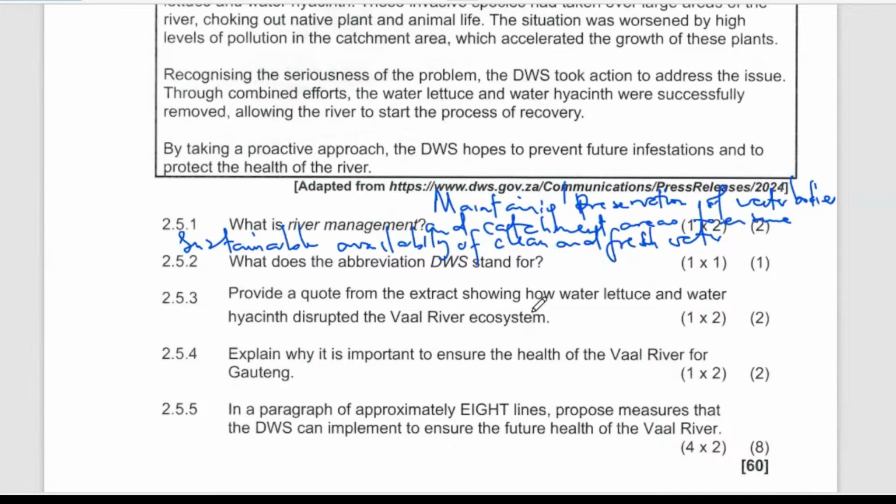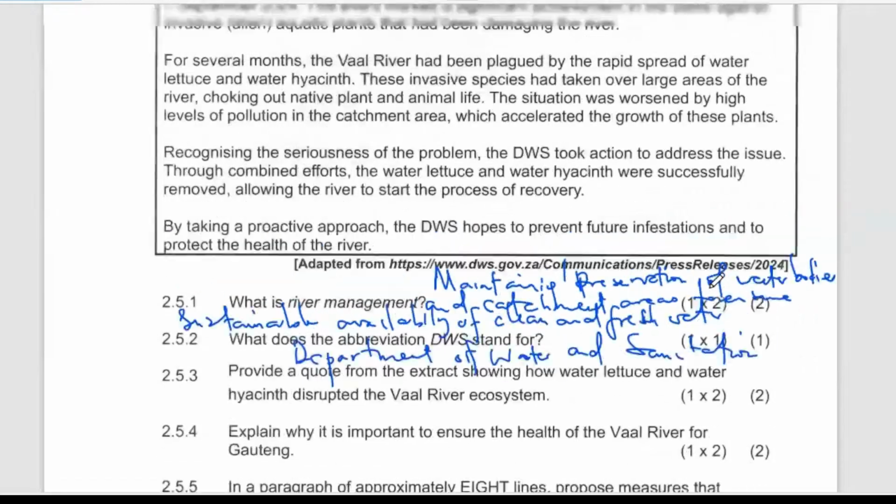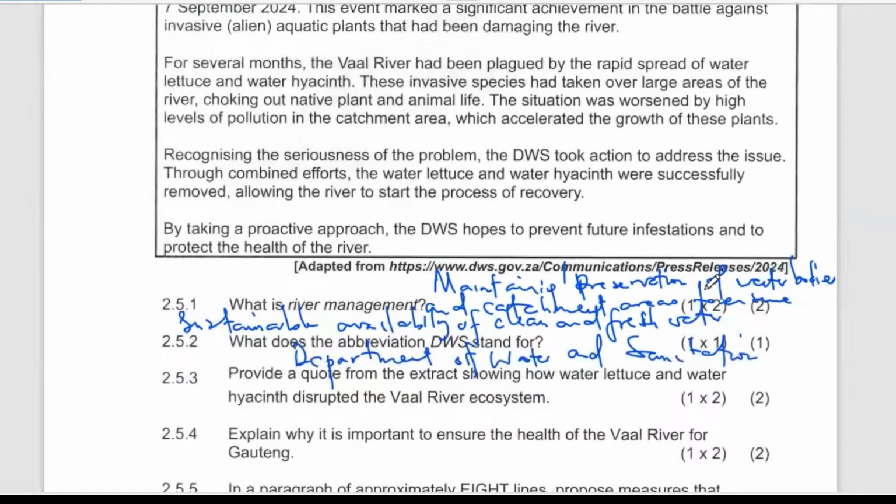Right. What does the abbreviation DWS stand for? That is the Department of Water and Sanitation. Right. Provide a quote from the extract showing how water lettuce and water hyacinth disrupted the Vaal River ecosystem.